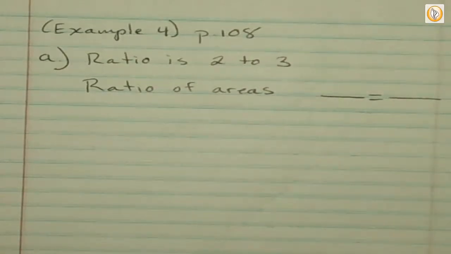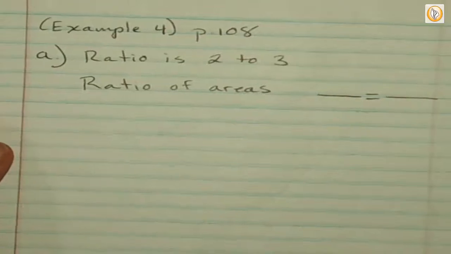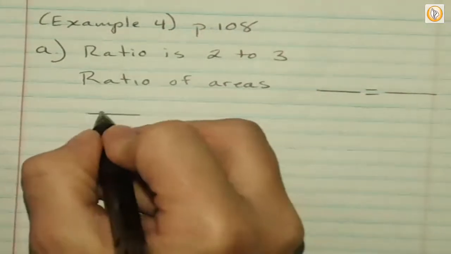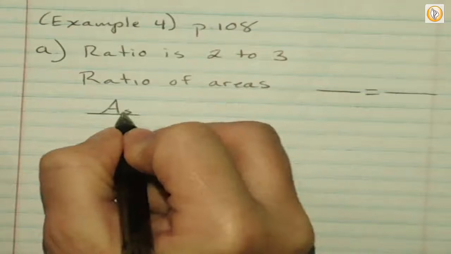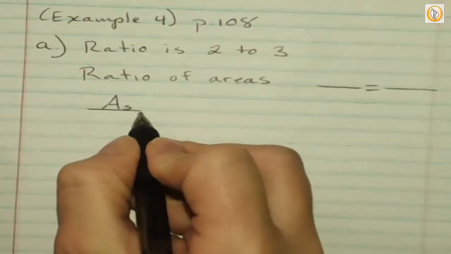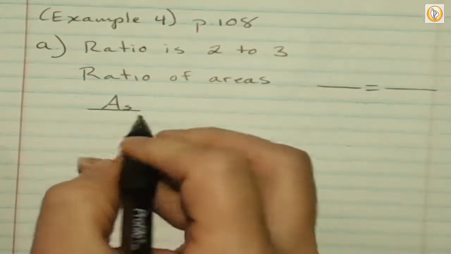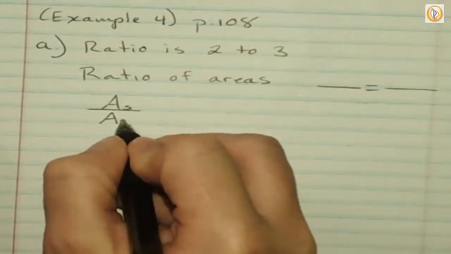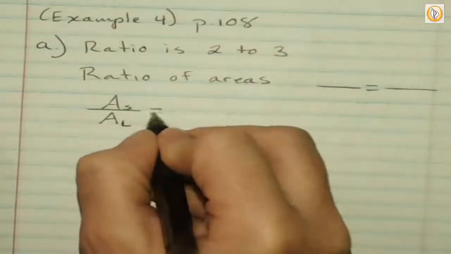Okay, so when we set this up, watch how I do this. The area of the smaller figure, that's what the S is, I'm going to put over the area of the larger figure.